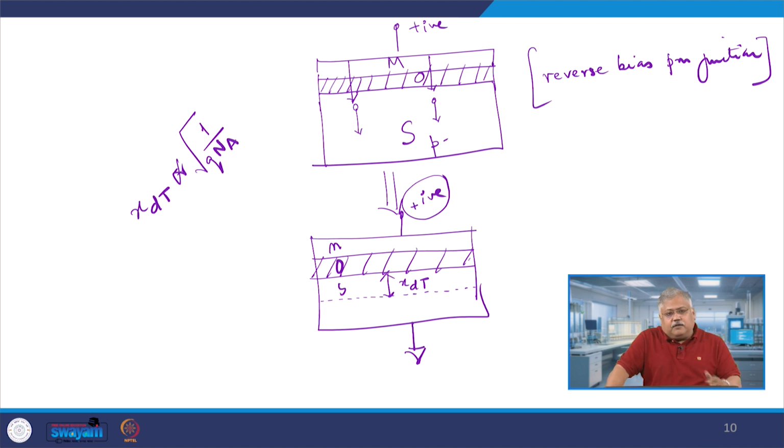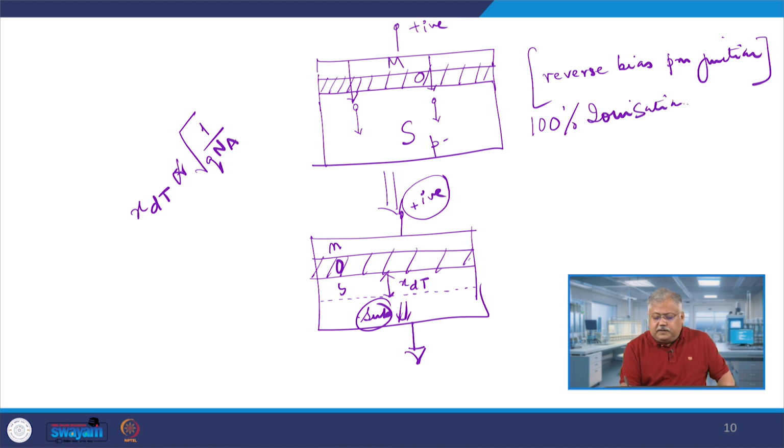So the higher the value of the doping concentration on the p side, the lower will be your x dt. The reason is that if I assume 100% ionization, and my number of dopant species is 100, then I will have 100 free holes available here, right?